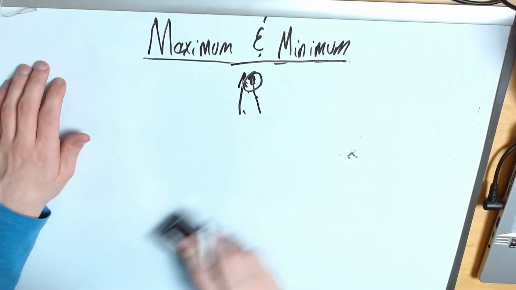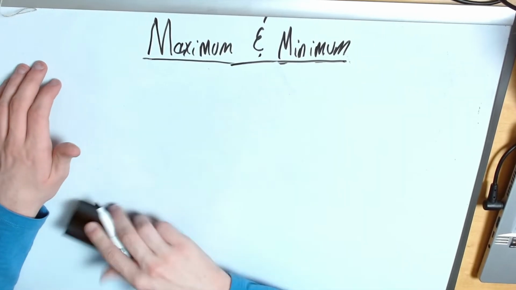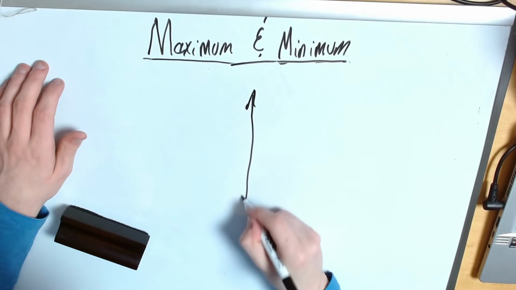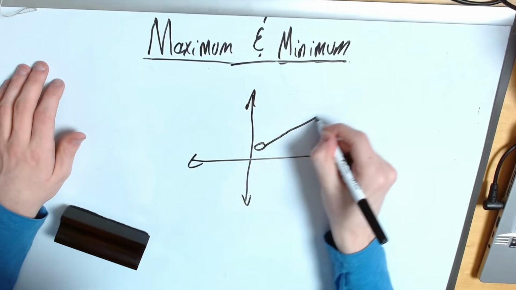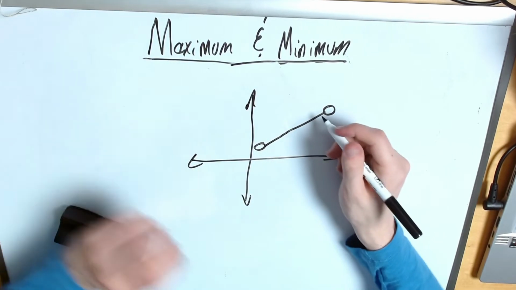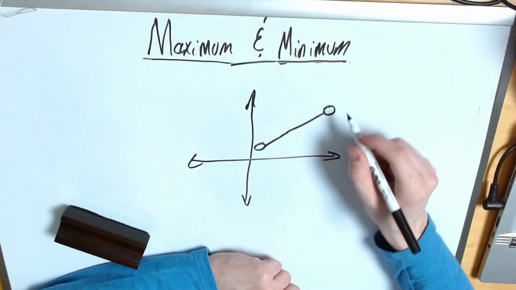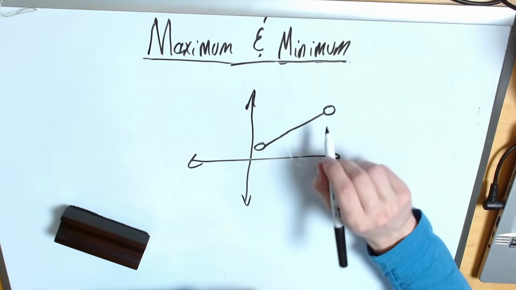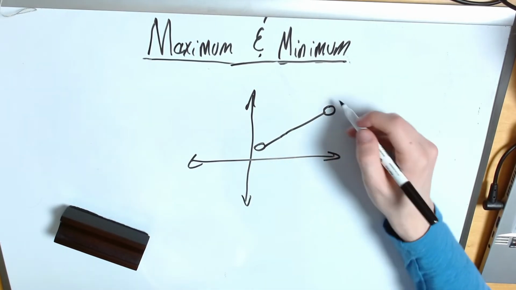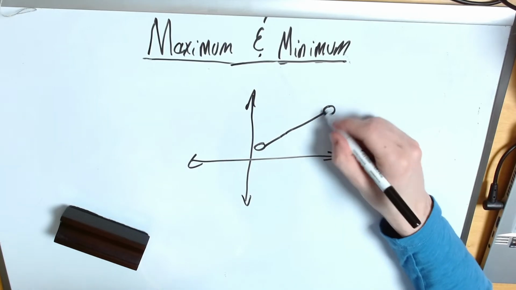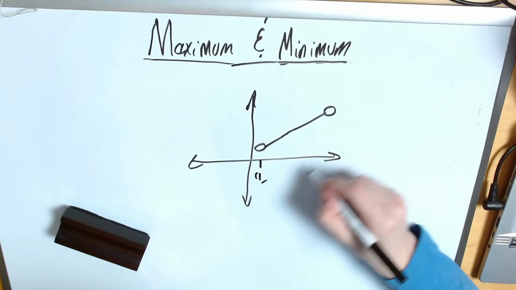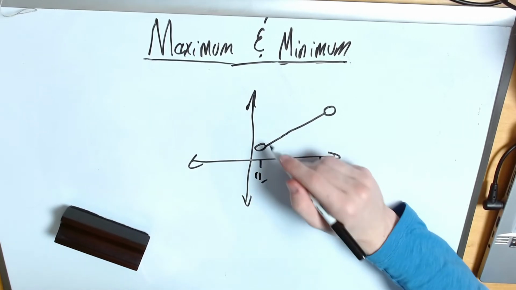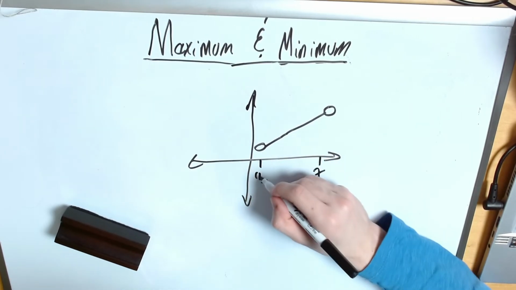Another case where we don't have maximums or minimums is in situations where we have lines without endpoints. Here we have just a simple vertical line, but you'll notice I have open circles at the ends, meaning that if this was 1 and this was 7, the graph doesn't actually pass through 1 or 7.